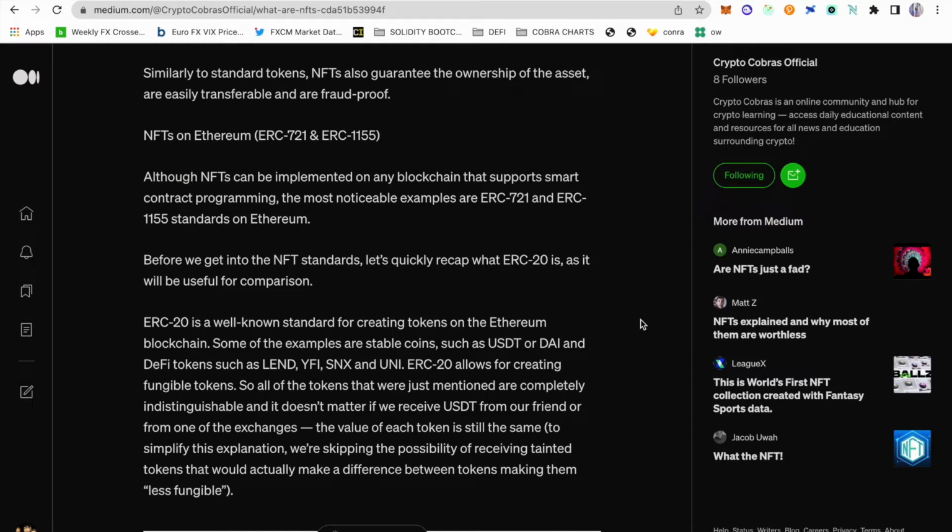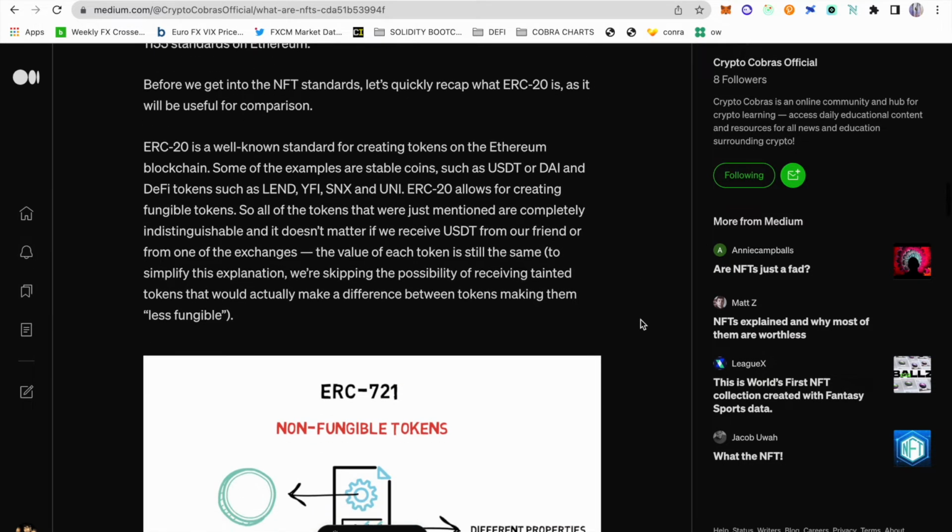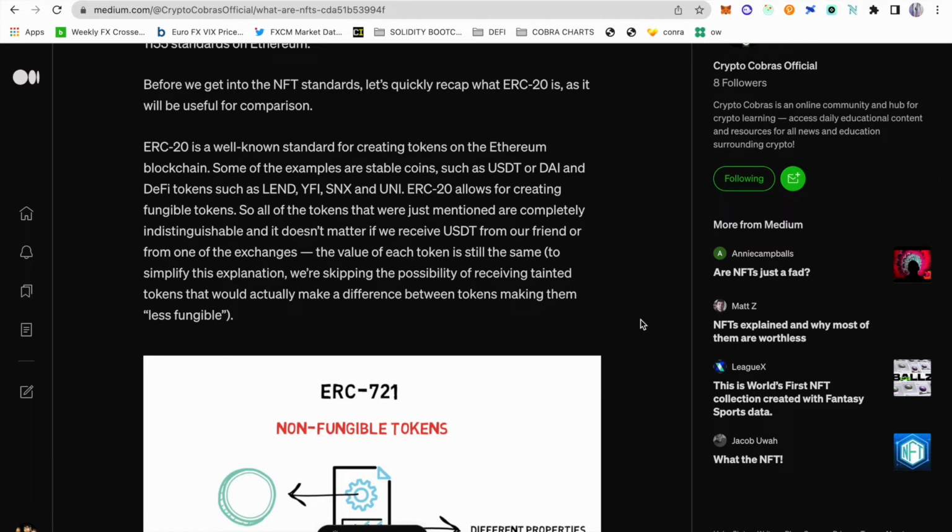We'll look into Enjin later. Although NFTs can be implemented on any blockchain that supports smart contract programming, the most noticeable examples are ERC721 and ERC1155. Before we get into NFT standards, let's quickly recap what an ERC20 is.